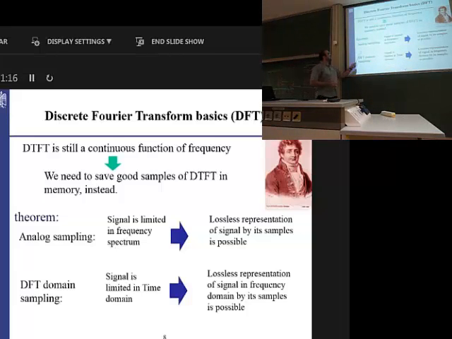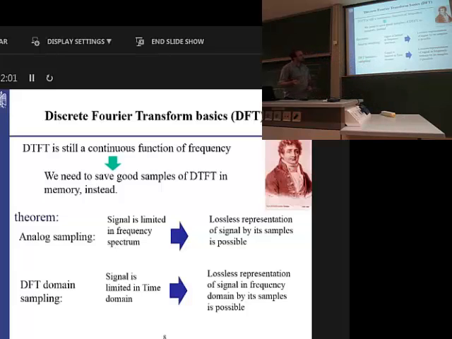In general, in analog sampling, we saw that if a signal is limited in bandwidth in the frequency spectrum, so it doesn't have an infinite number of frequency components, and the frequency components end at some point, then we can do the sampling in such a way that it's lossless. The signal itself can be resynthesized without any errors. So we have a lossless representation of the signal by samples, and it's possible.